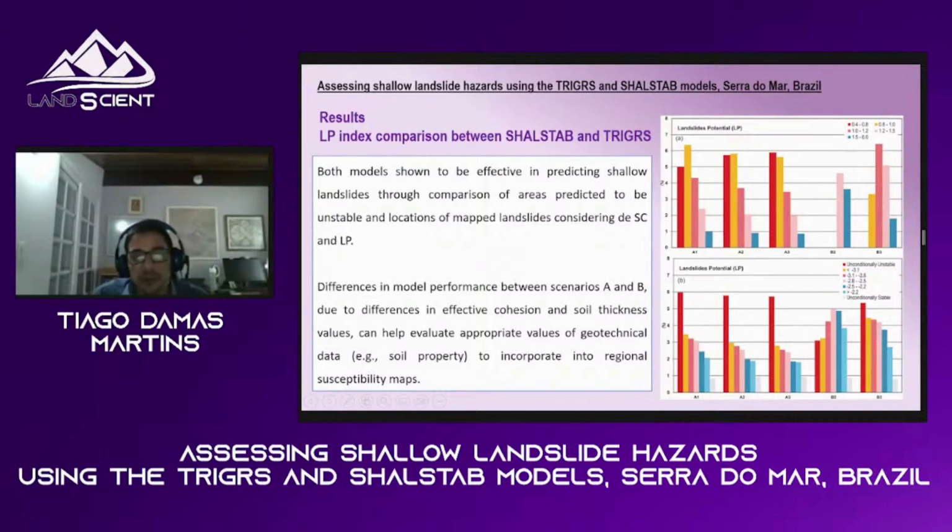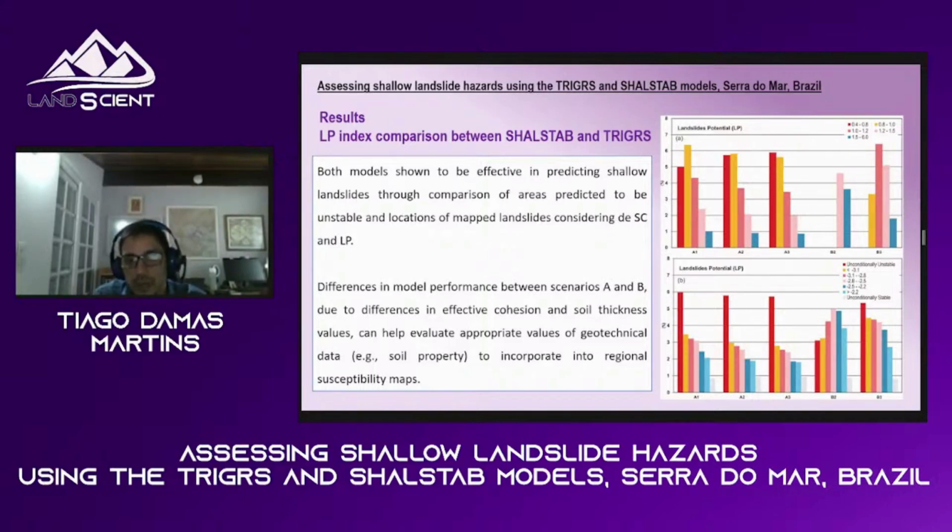Differences in model performance between scenarios A and B, due to the difference of effective cohesion and soil thickness values, can help evaluate appropriate values of geotechnical data to incorporate into regional susceptibility maps. This is one of the things that a lot of people talk about: which value to use as input data for models.